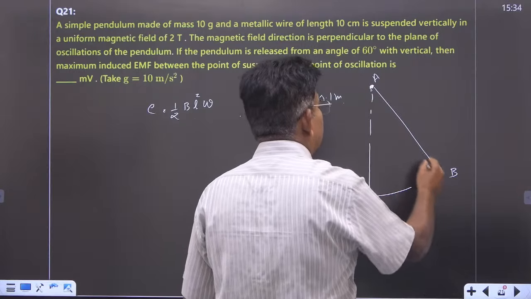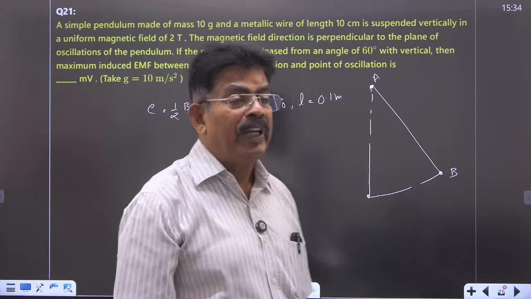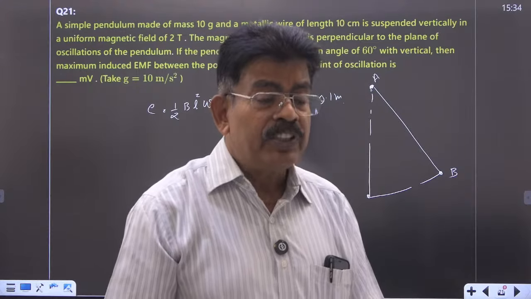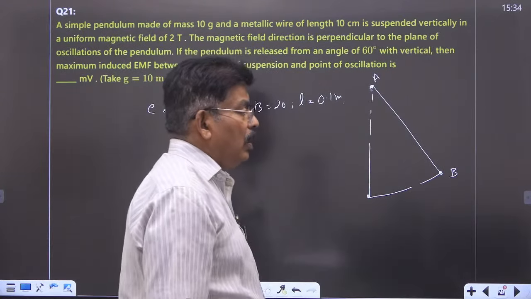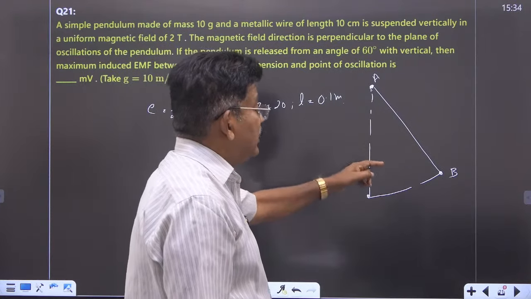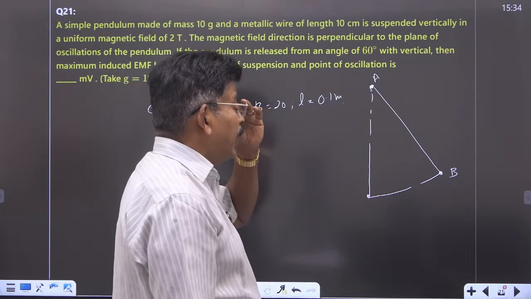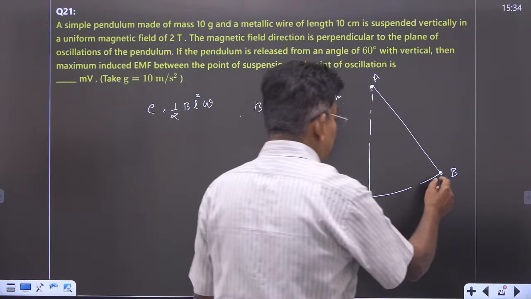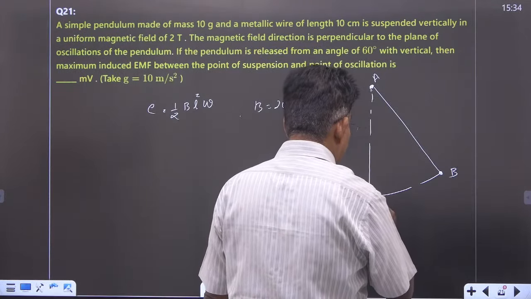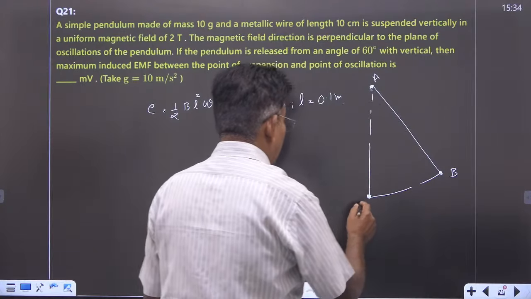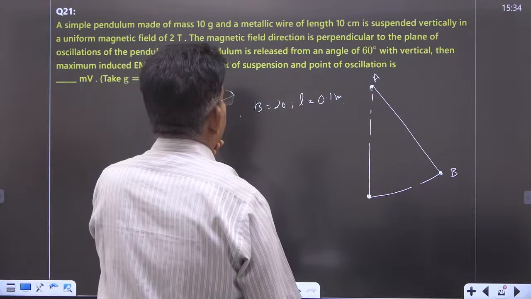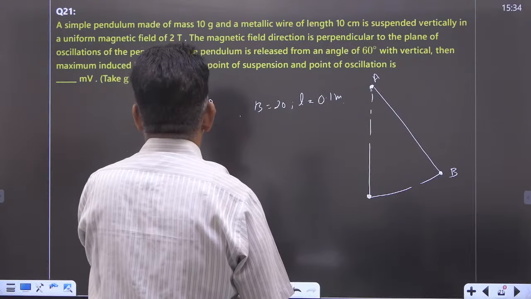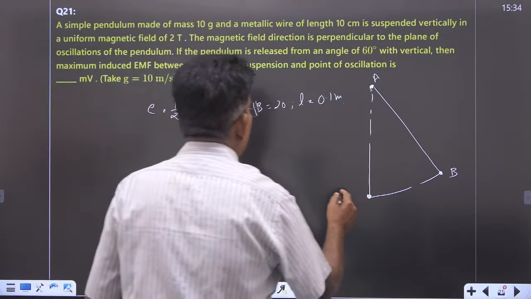Omega of each and every point on the rod will remain the same, but its linear speed will be different. So we can calculate the linear speed of the point B when it reaches the bottom. The pendulum is released at an angle theta, and we want the maximum induced EMF between the point of suspension O and this point.